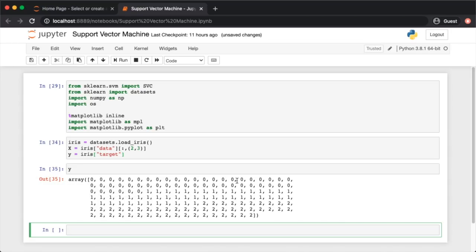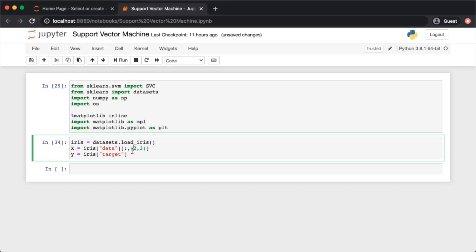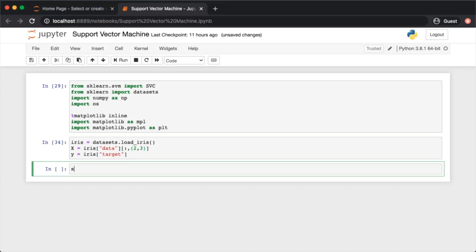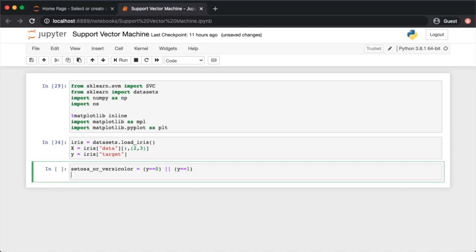Now, as you can see, I have 3 classes. I'm only going to be interested in binary classification. That is, I'll pick the y's that are either 0 or 1. And that could be achieved as follows. So 0 is setosa and 1 is versicolor. So y equals 0 or y equals 1.